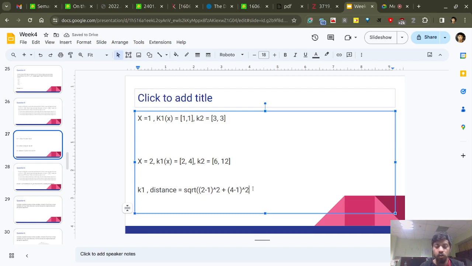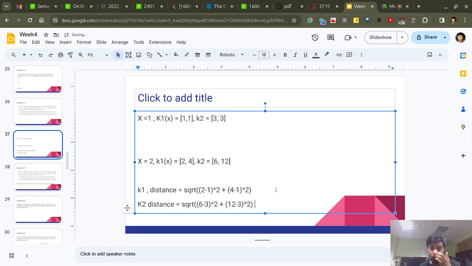So this is for k1. What about k2? You take the square root, then find the distance between this and this: 6 minus 3 whole square plus 12 minus 3 whole square.